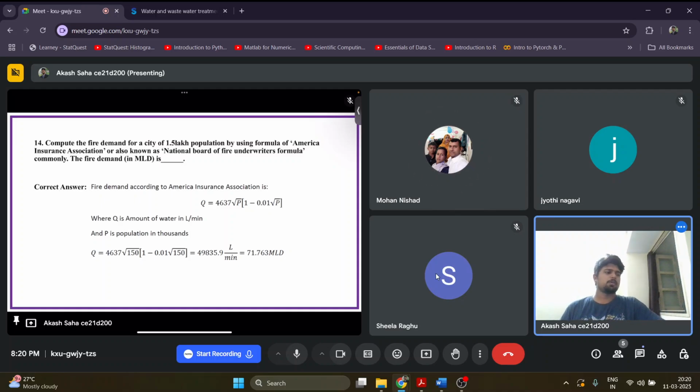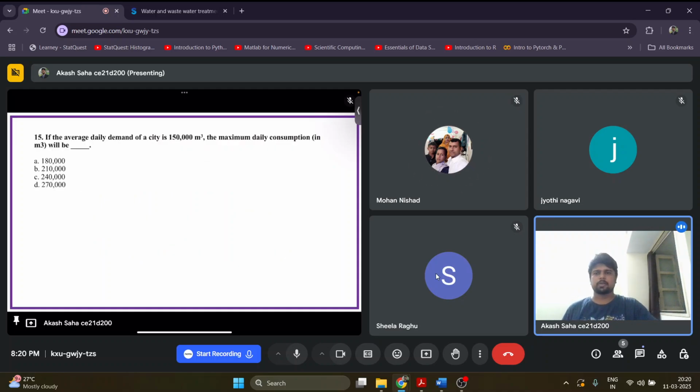Okay. The next problem, I'll quickly go. If the average daily demand of a city is 150,000 meter cube, the maximum daily consumption in meter cube will be. So average daily demand is given. You have to find out the maximum daily consumption. So what is the factor?